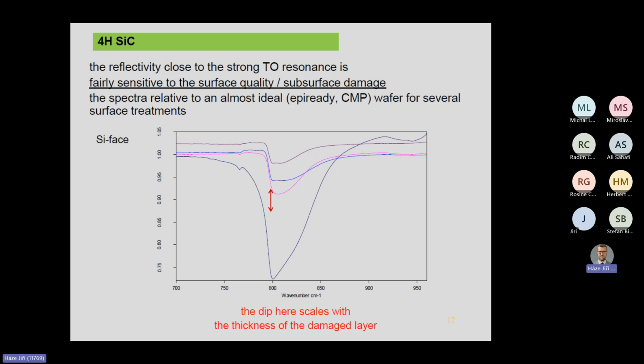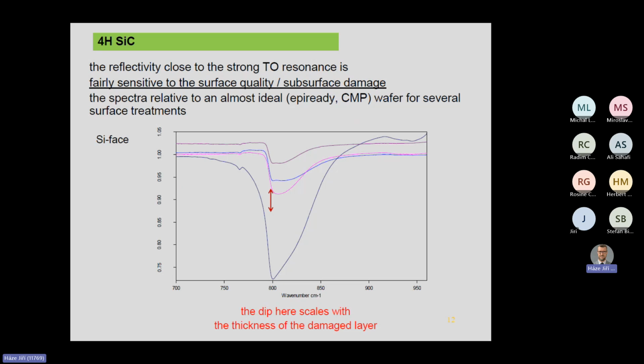And this dip here actually shows how much the individual surfaces are damaged. In this case, it's mostly subsurface damage because the surfaces themselves are, after polishing and polishing, very flat.